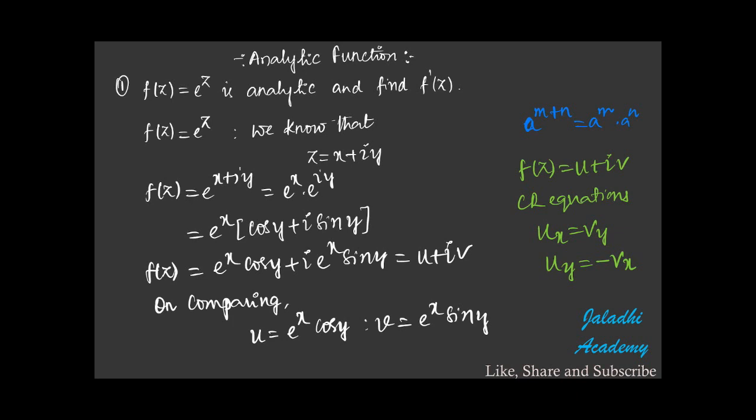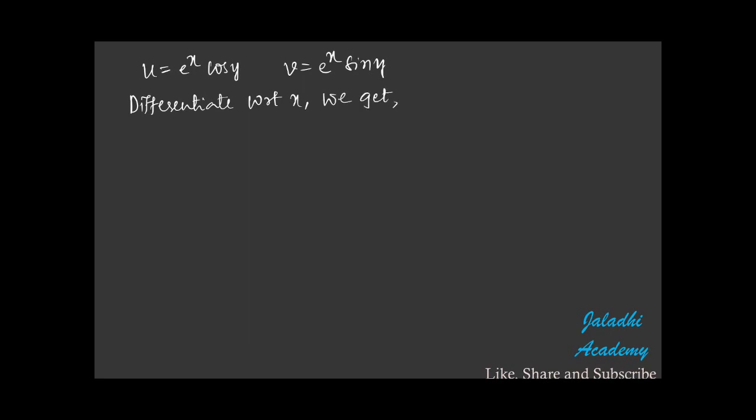So we got the u and v. Now we need to differentiate. U is equal to e power x into cos y, and v is e power x into sin y. First differentiate with respect to x. Both u and v we need to differentiate with respect to x.